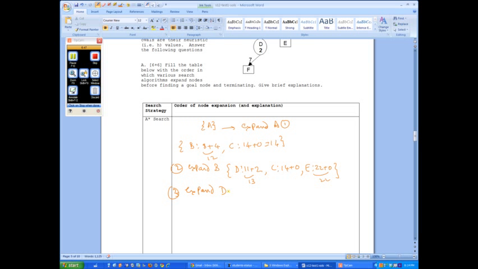At this point, when you expand D, you'll just get F. Notice it's a directed graph, so you'll only get F. And F's G value would be the G value of D, which is 11, plus 7, 18. Okay, and the H value is 0.